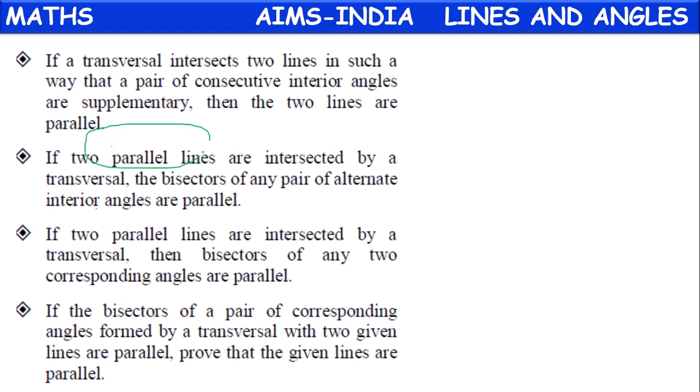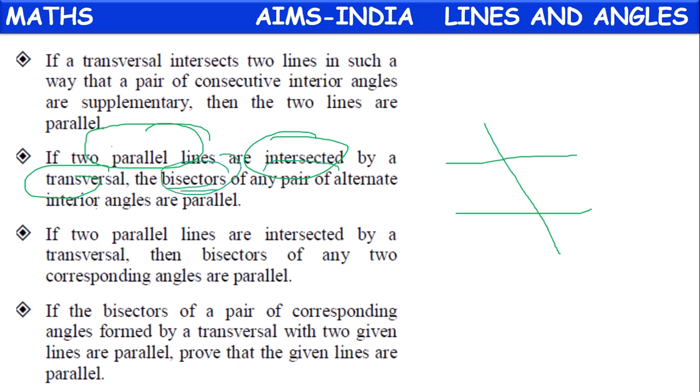Next, if two parallel lines are intersected by a transversal, the bisectors of any pair of alternate interior angles, this is one pair of alternate interior angles, this is the second pair, we have two pairs here.